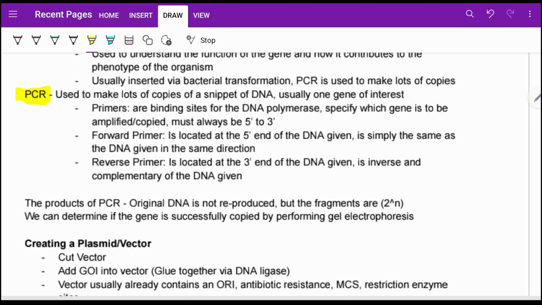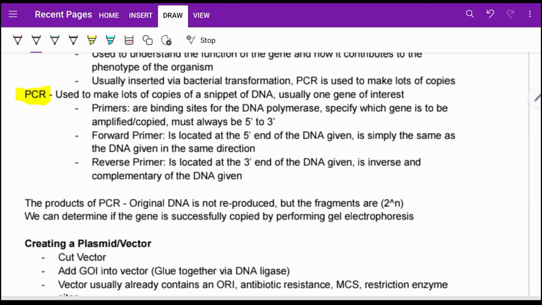So our forward primer is located at the 5' of the DNA given. So if we were looking at a sequence, it would be located at the 5' end of that sequence, and it's the same as the DNA in the given direction.